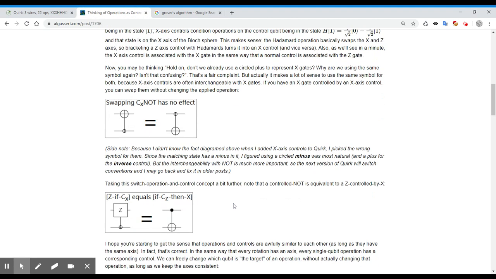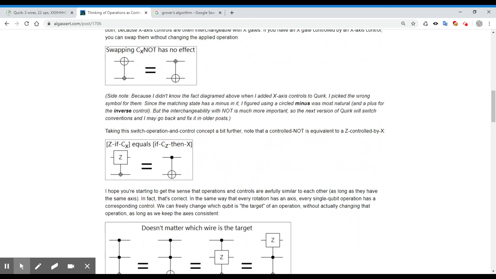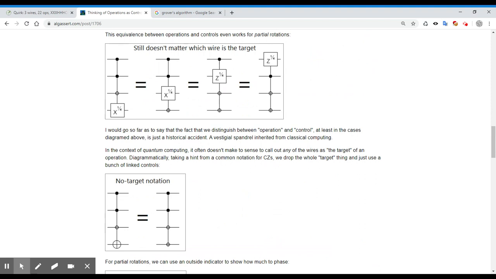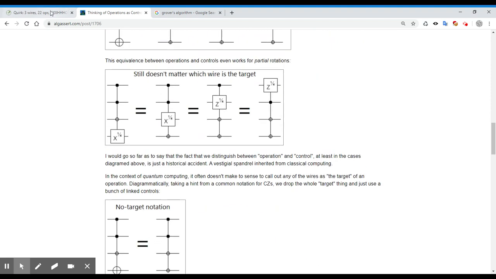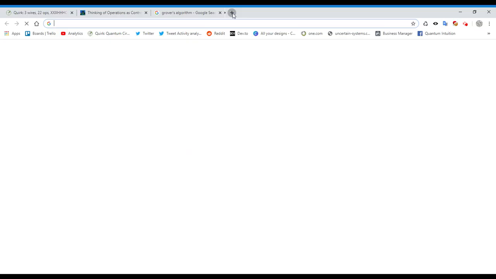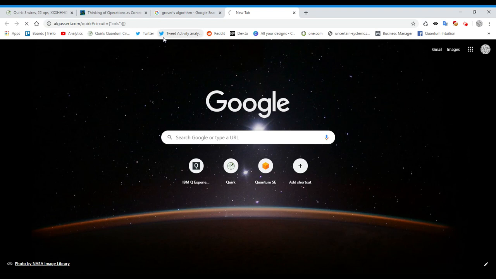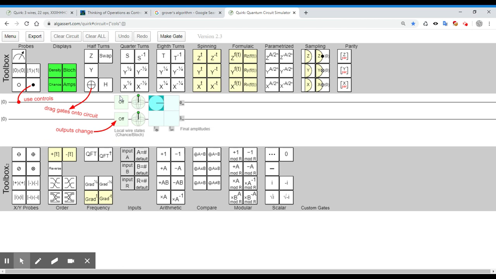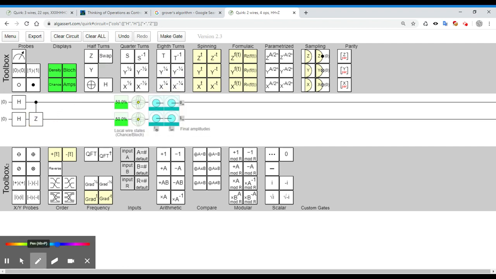If I remember well, I think there was another way of looking at it. If I'm in a superposition and I apply a controlled Z, what this does is basically flip the phase for that particular pattern, 1 1.